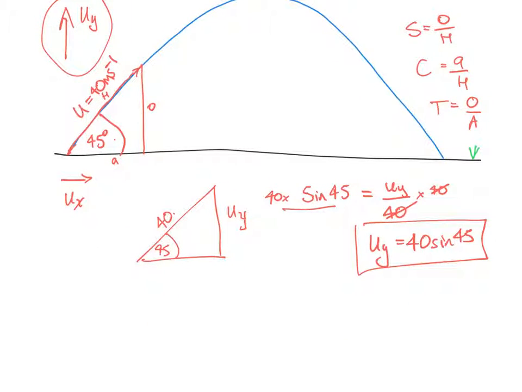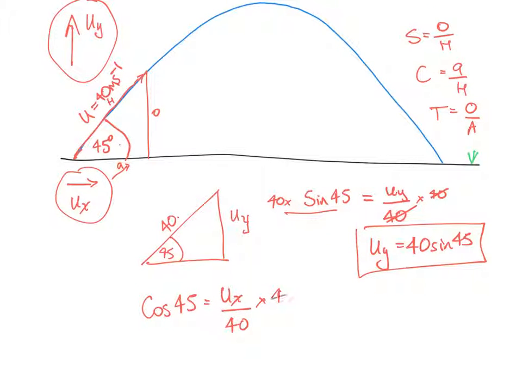And that's our initial component in the y direction, this one up here. For the other one, we use cos. So it's cos of that angle equals adjacent, which is our ux value, divided by our hypotenuse. If we rearrange this, we want to put this side over here.